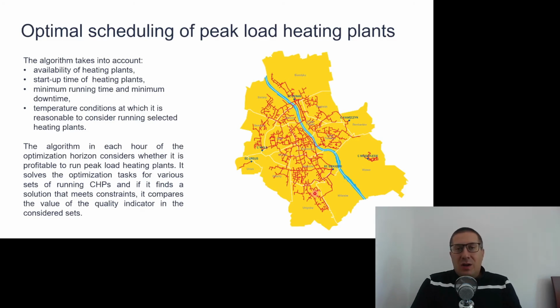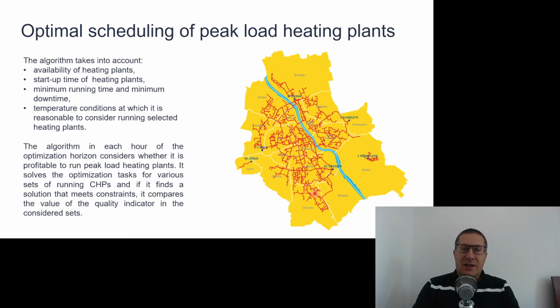Okay, so now when we know how to calculate the optimum values of the temperature and pressure trajectory in CHP plants and the pressure trajectories in pumping stations, we can define the algorithm that will select which heat source should operate. Right?